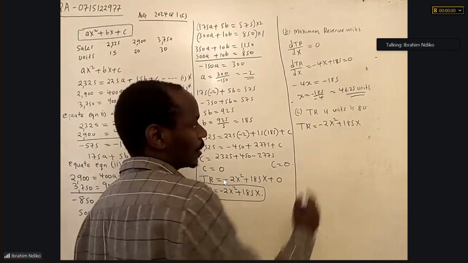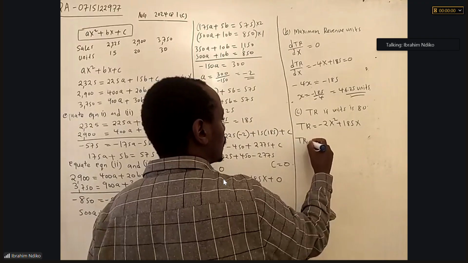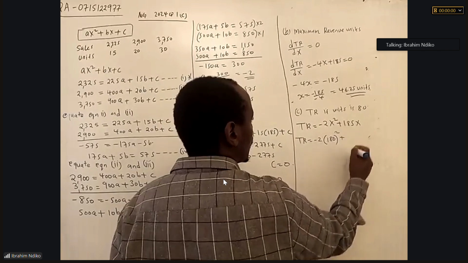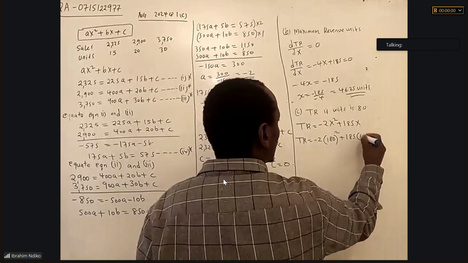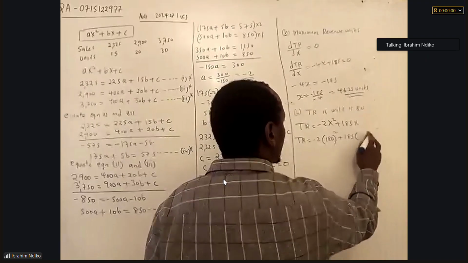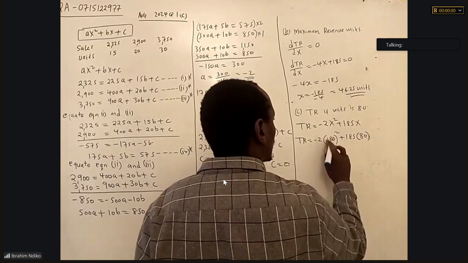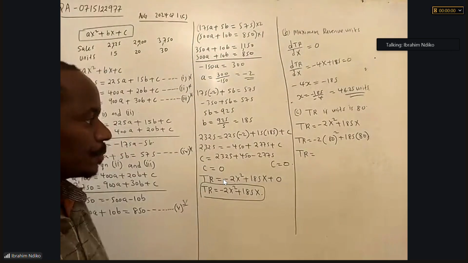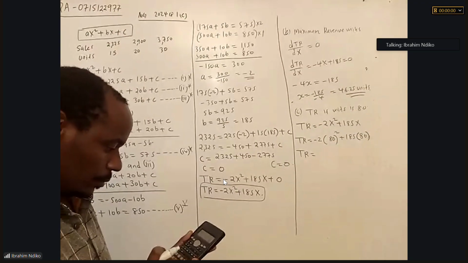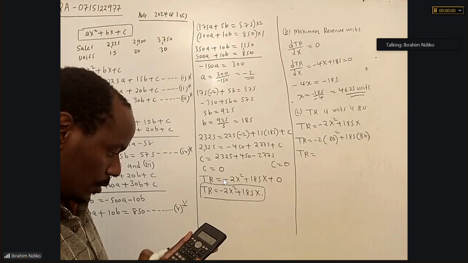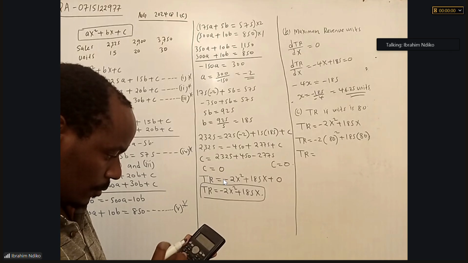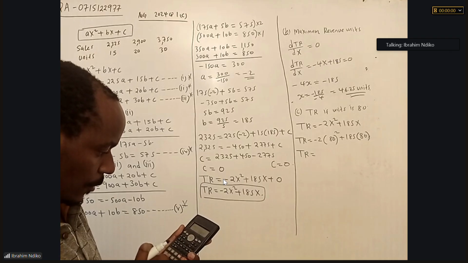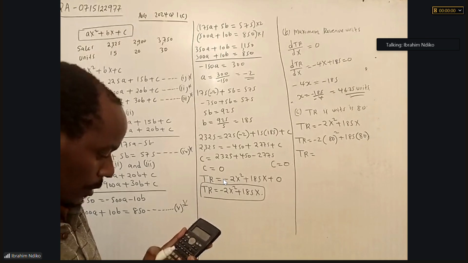So if X is 80, minus 2 times 80 squared plus 185 times 80.